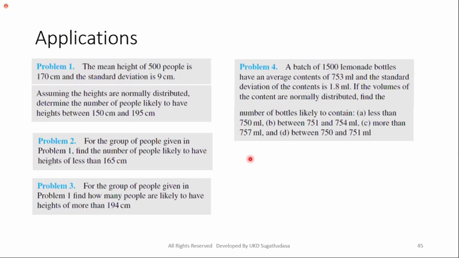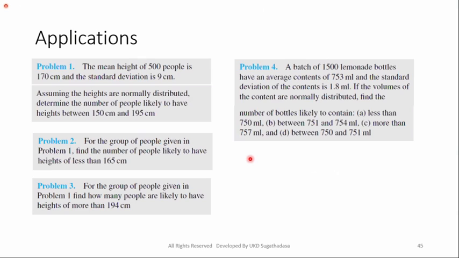Positive side 0.56 means 0.7123, minus 1.11 means 0.1335. That will give the difference, 0.5788. That is the probability.